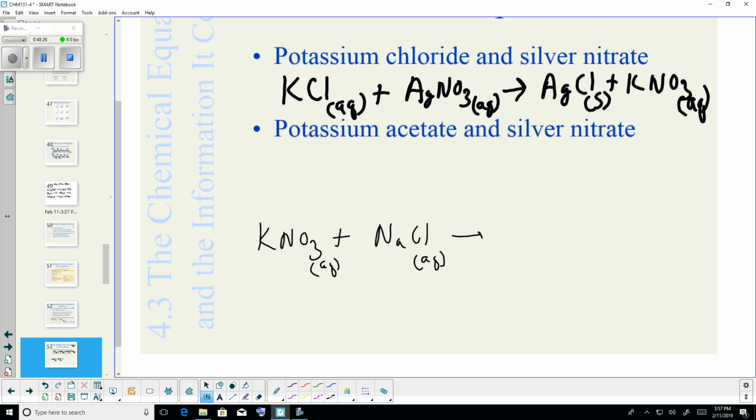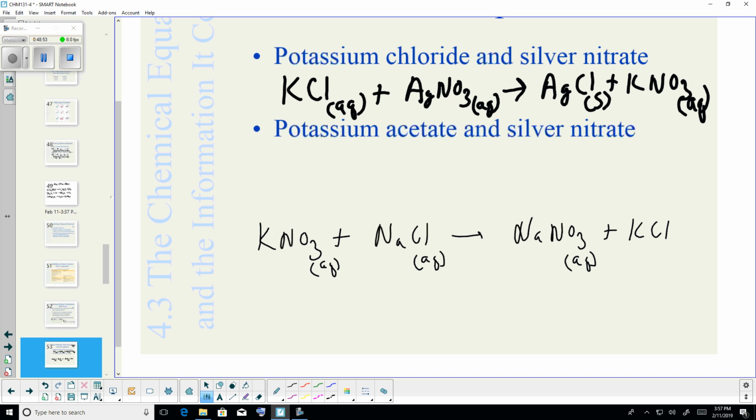So if we change places with the metals, then we get sodium nitrate plus potassium chloride. Sodium nitrate soluble? Yeah. All column 1 metals are soluble and nitrates are soluble, so this stays in solution. Potassium chloride soluble?